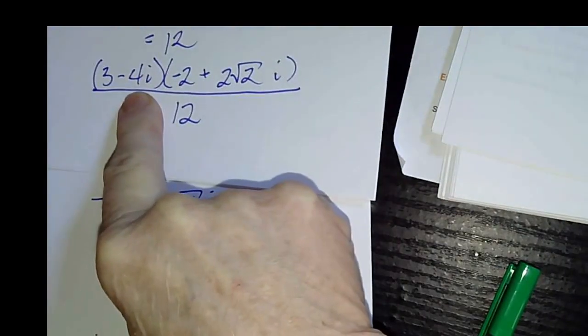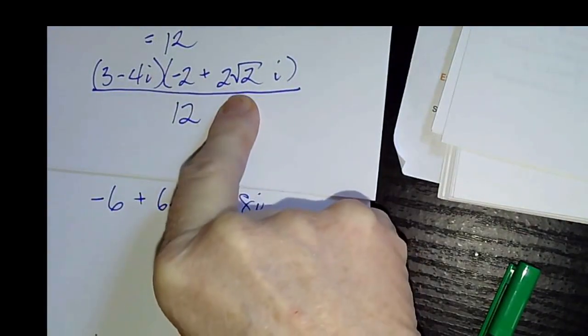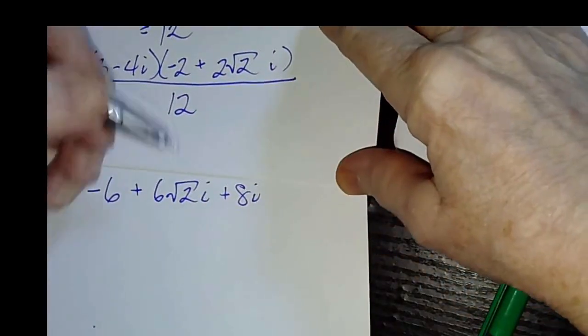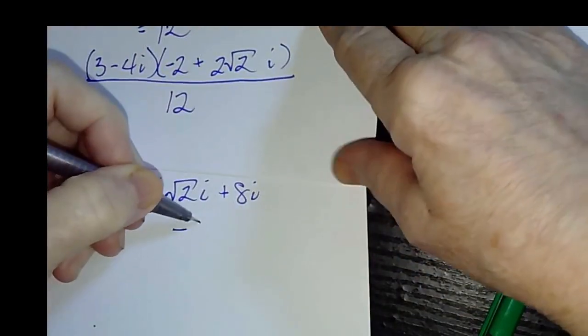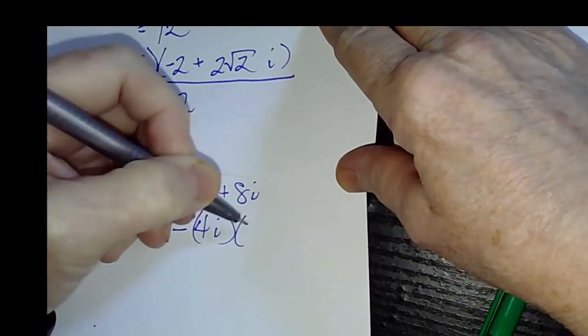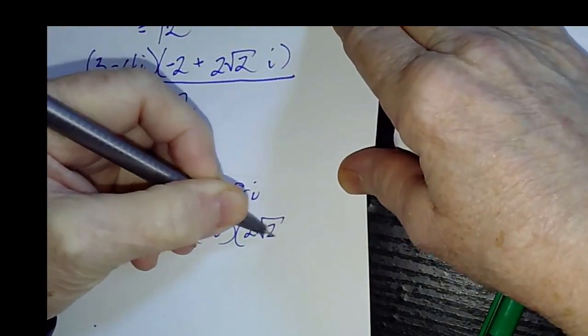Negative 4i times 2 square root of 2i. So, gee, that's a lot. Negative 4i, 2 square root of 2i.